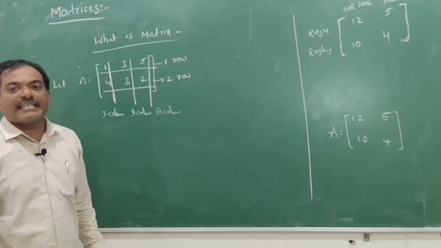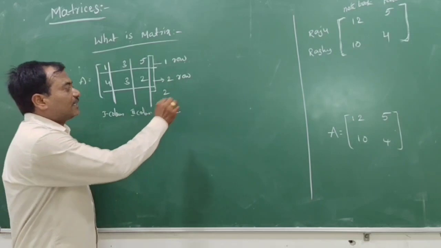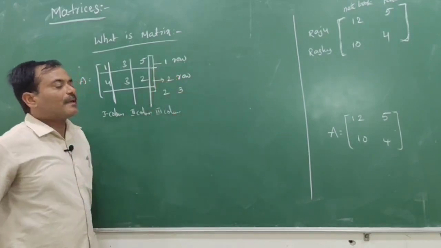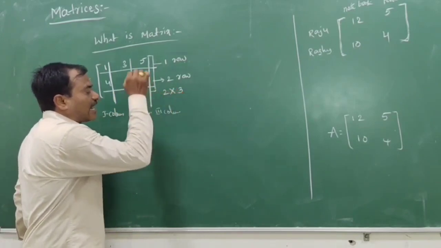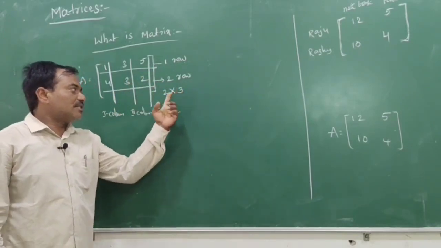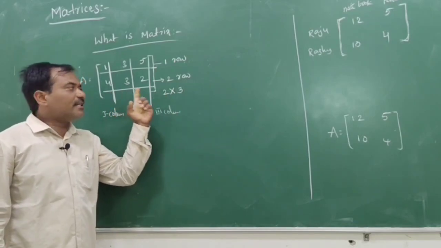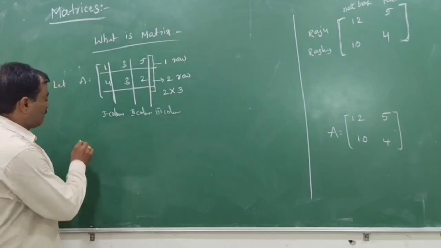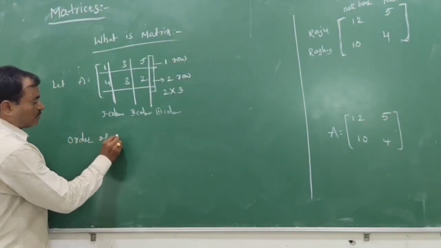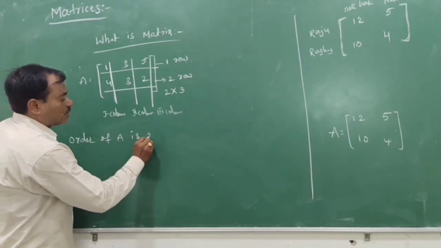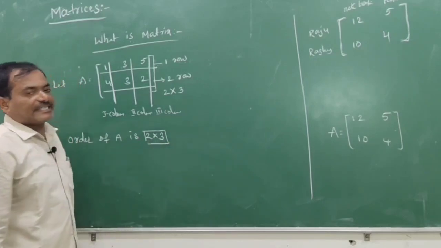So the matrix contains 2 rows and 3 columns, which means the matrix is of order 2 by 3. The order of A is 2 by 3. This is the order of the matrix.